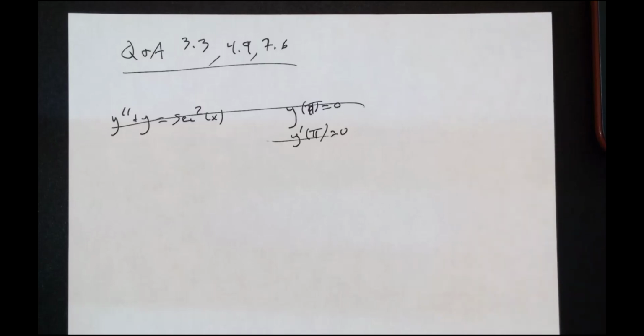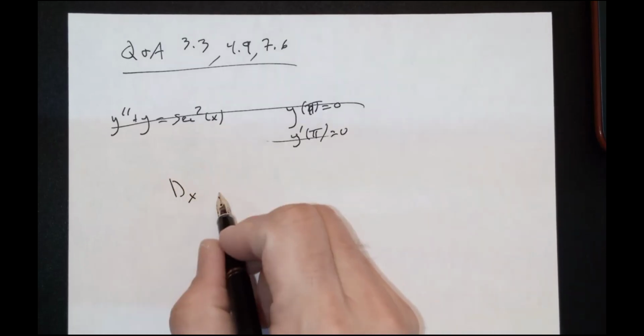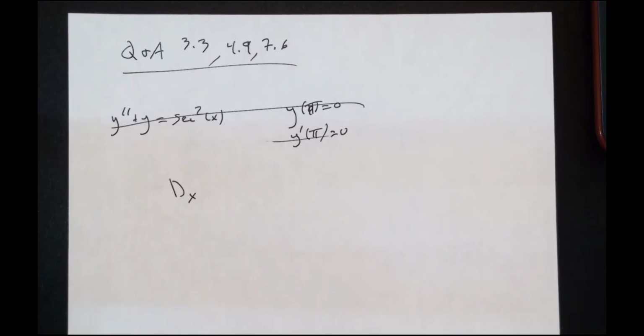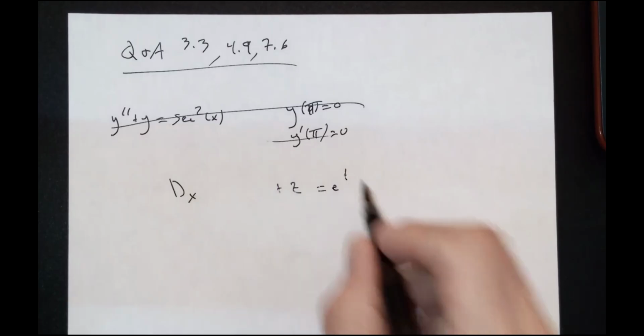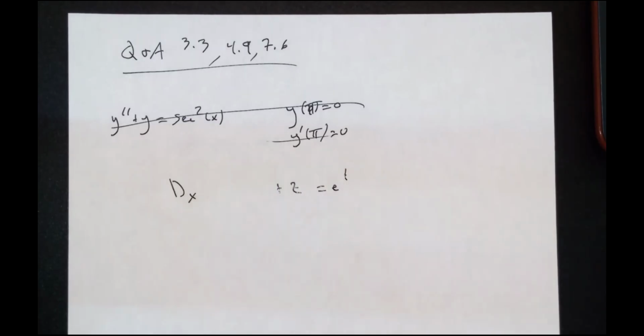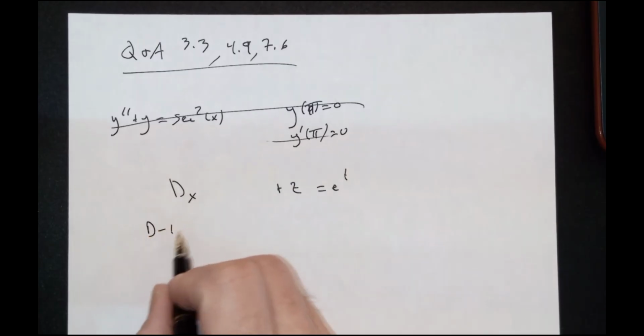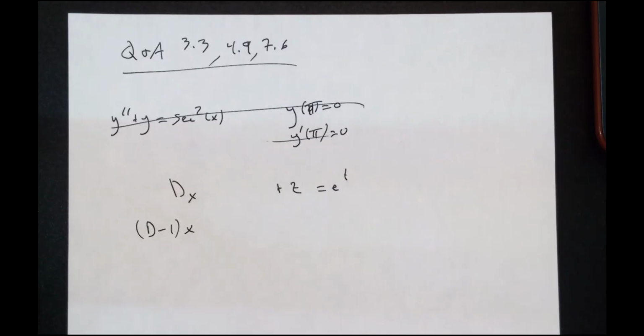Systems. Dx plus z equals e to the t. D minus 1 x plus dy plus dz equals 0.